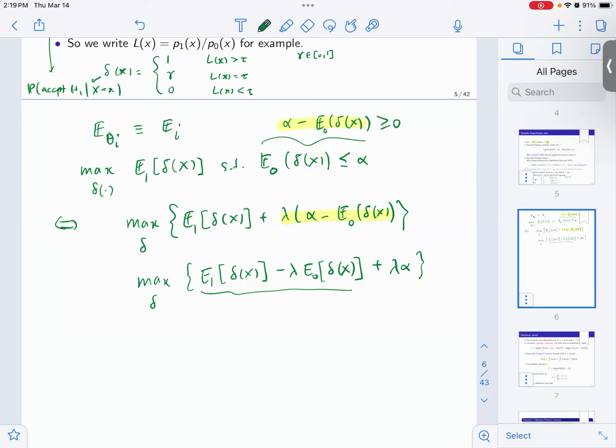And here the idea is that I have expectations under two different measures. I can put them both under the same measure to pull the two terms together. So how do we do that? You want to remember this device.